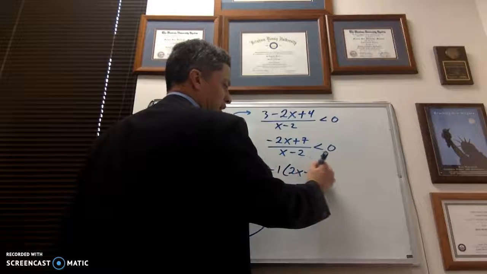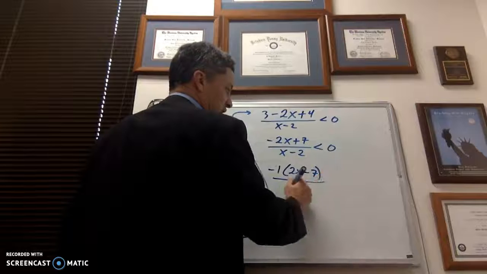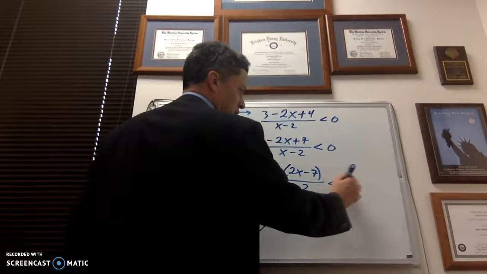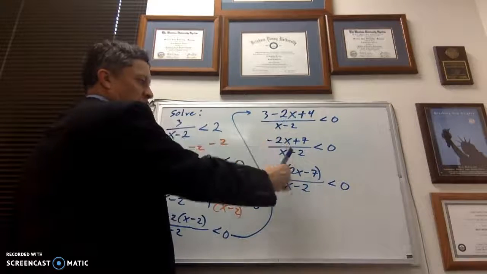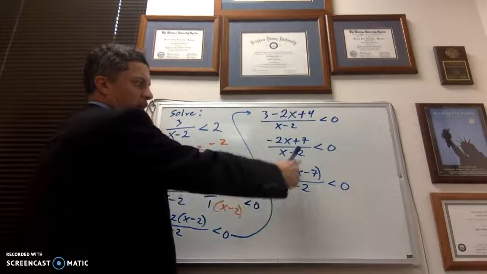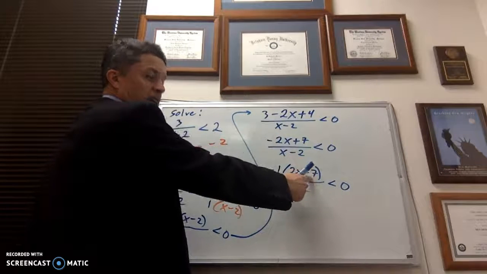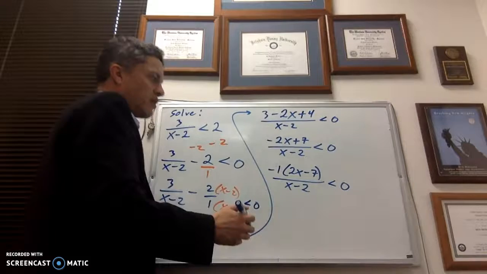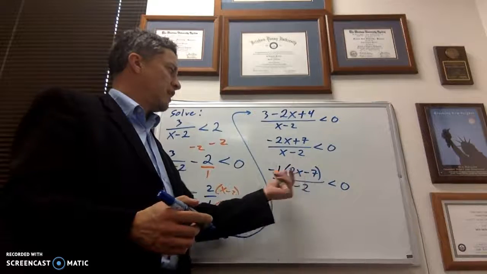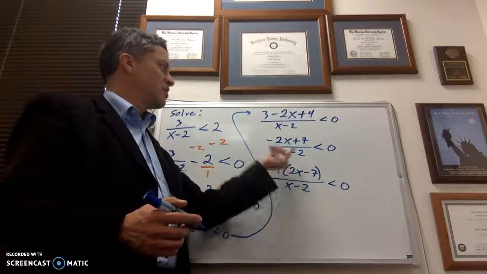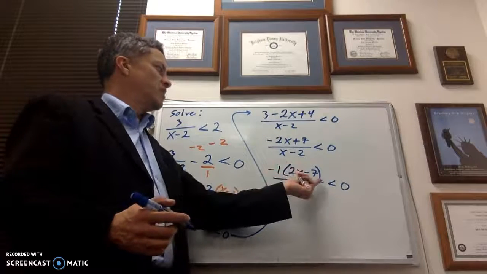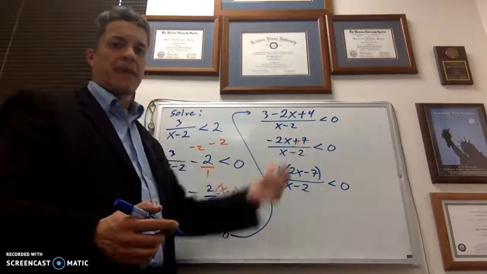Now when we do that, that's going to change the sign for both the negative 2x, see how it's now positive 2x, and the positive 7, see how it's now negative 7? If I was to distribute the negative 1 back through, I'd get negative 1 times 2x is negative 2x. Negative 1 times negative 7 is a positive 7.